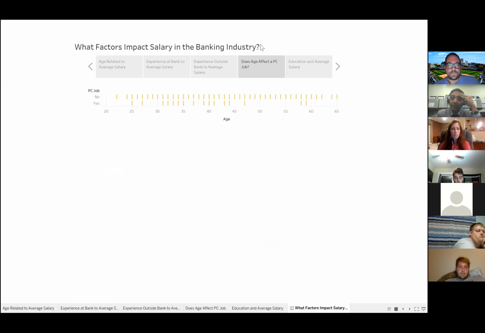So when you eventually study box plots, this would be a great application: box plots of no PC job versus yes PC job, by age. You can see beyond just the average value into minimum age, maximum age, median, where that distribution is, the variability, the skewness, all of that can be captured. Give it a try and see if it can tell you a better story.